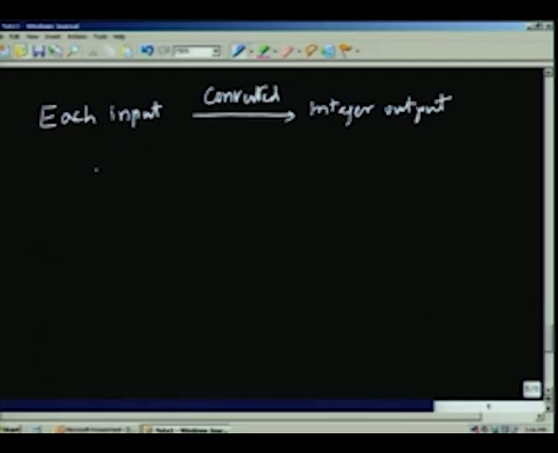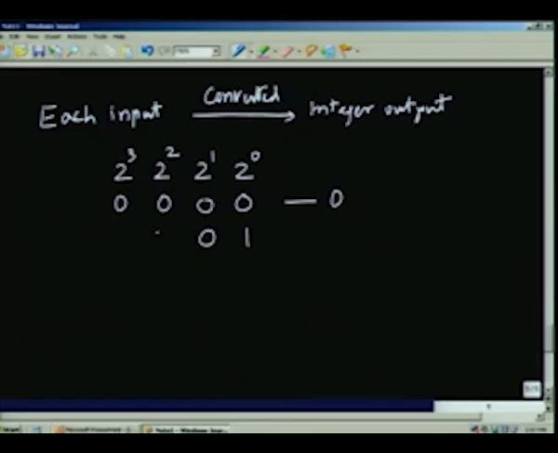For example, if I have 4 bits, the lowest bit is 2 to the power of 0, 2 to the power of 1, 2 to the power of 2, 2 to the power of 3. This is the 4 bit we talked about. For example, I can have a number like this, all zeros. Of course, the value is 0. I can have 1 here, the value is 1.